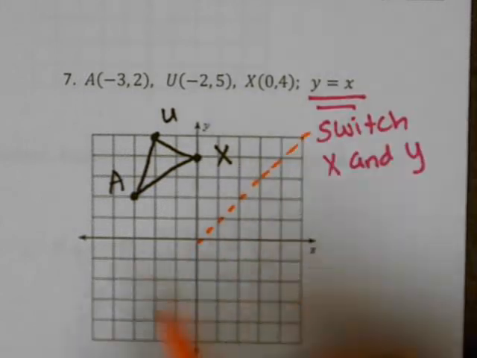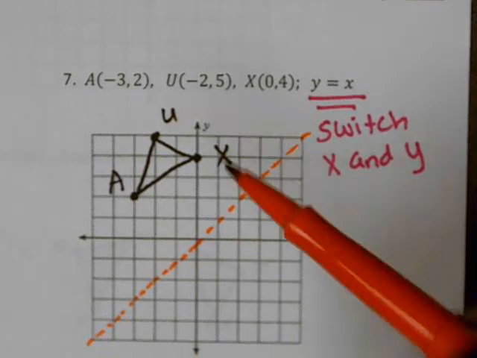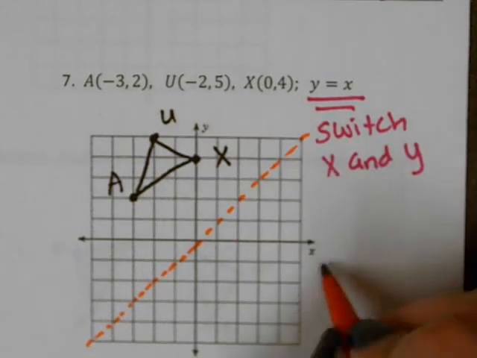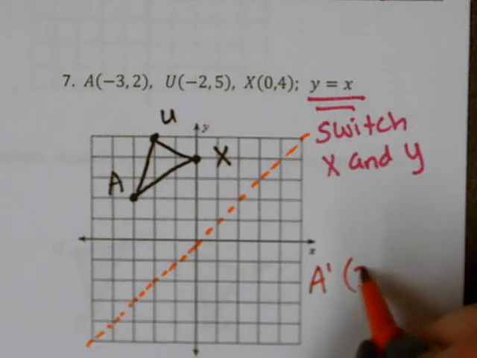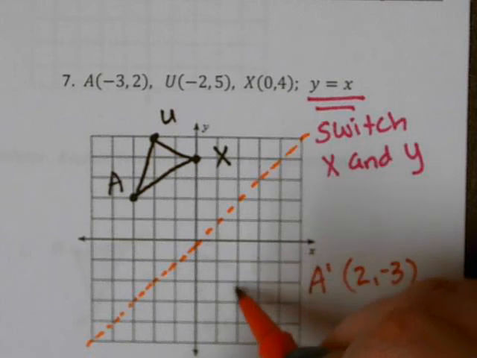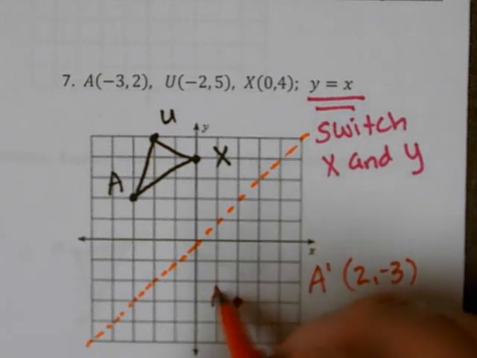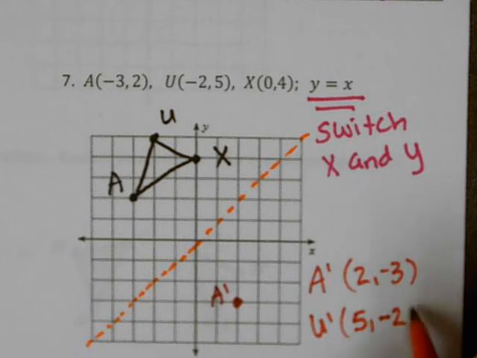So that's this diagonal line going through here. And to get our new points, we want to switch x and y. So for point A prime, sometimes it helps to write it, we're just going to do 2, negative 3. So over 2 and down 1, 2, 3. There's my A prime. And then for U prime, we're going to do 5, negative 2.